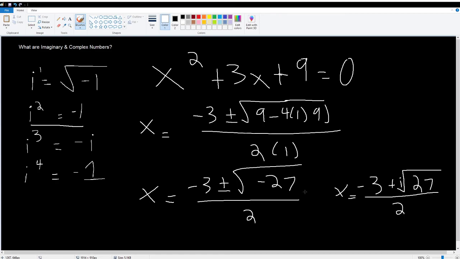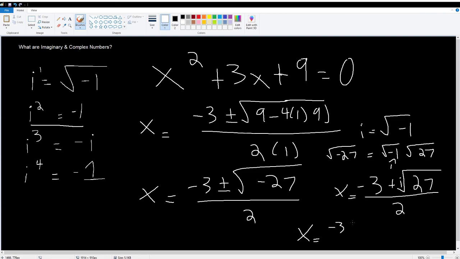So I took out the i, took out the negative 1, because if you remember, i is equal to the square root of negative 1. So the square root of negative 27 is basically the same thing as the square root of negative 1 times the square root of 27. And that means I can change this into i and take it out. So we simplify, and we get x is equal to negative 3 plus or minus 3i times the square root of 3, because 27 can be represented by the square root of 9 times the square root of 3.